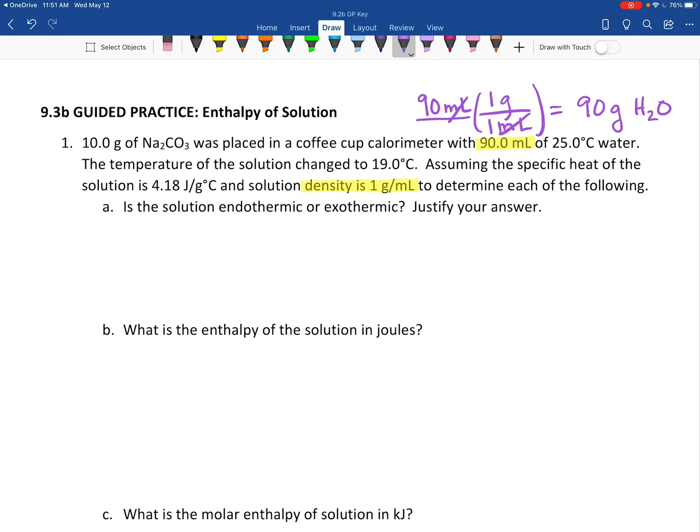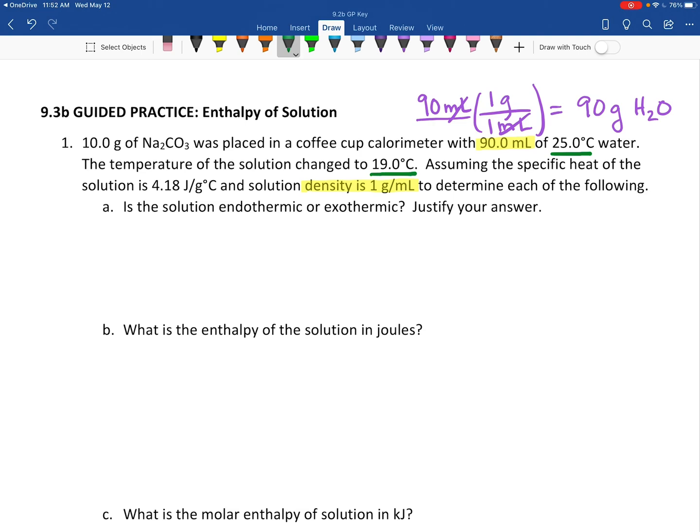So the first question asks, is the solution endothermic or exothermic? And then it asks us to justify our answer. So let's take a look at what happened to the temperature. The temperature went from 25 degrees Celsius water to 19 degrees Celsius water.